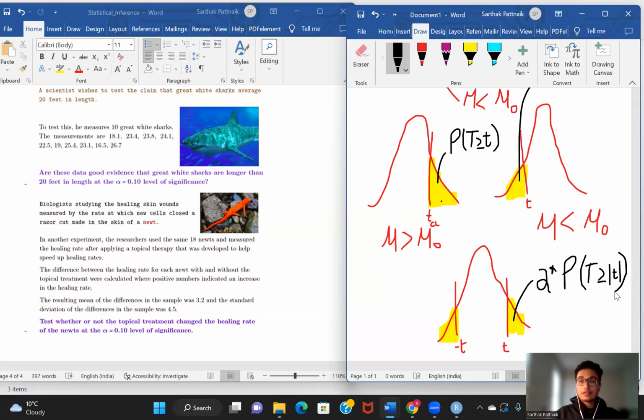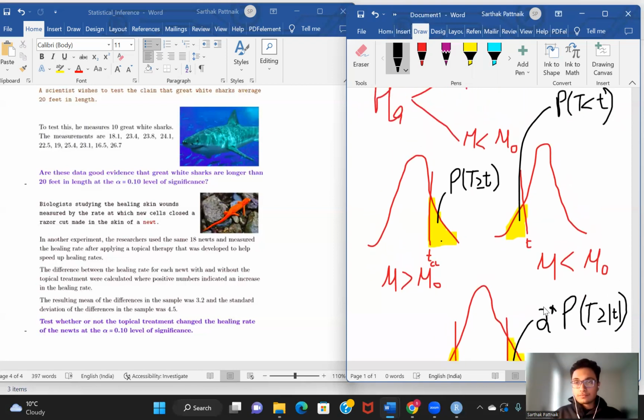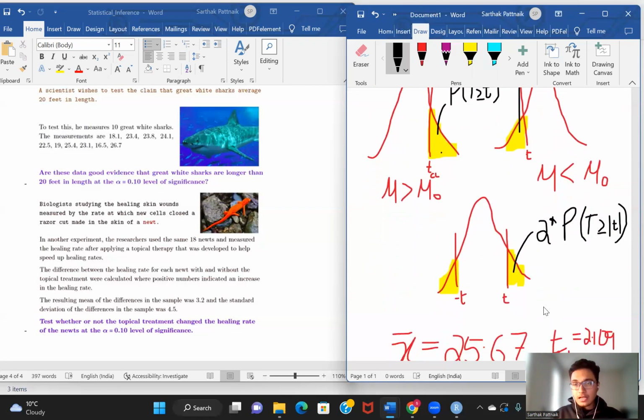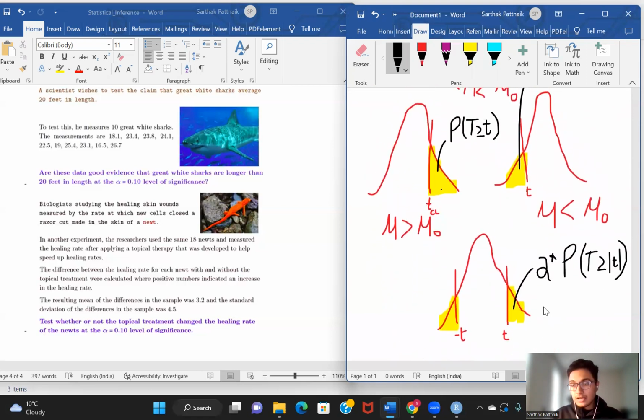So this is the fundamental idea of one-sided and two-sided alternative hypothesis tests for the t-distribution.